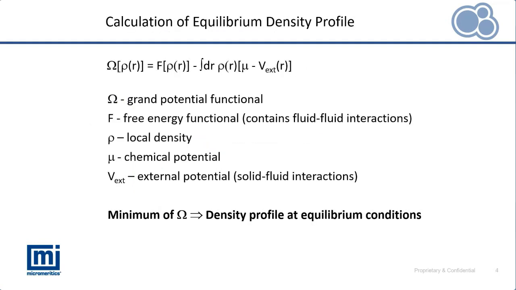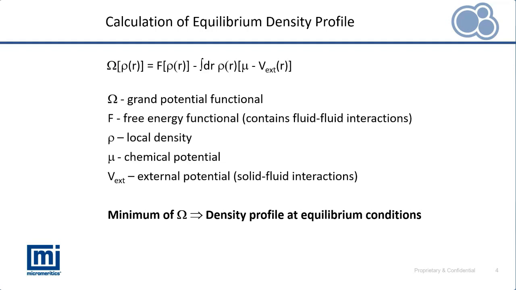In modeling of molecular system by using density functional theory, we have to mathematically describe all the interactions of the system, including the external potential that we just talked about in a previous slide, the interaction between gas molecules which are included in the free energy functional, and in this way we obtain the functional, which is called grand potential and has nice name omega, and this omega describes the whole system.